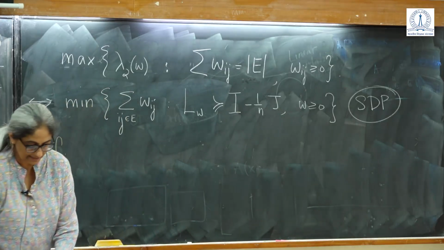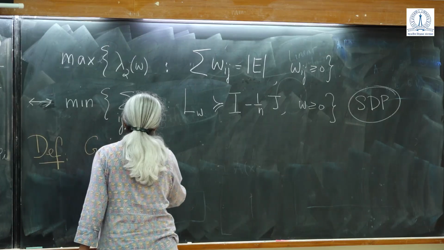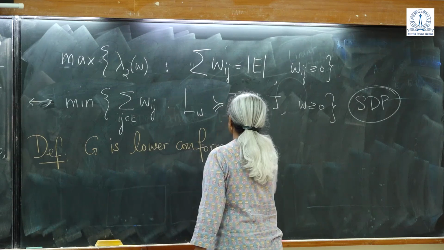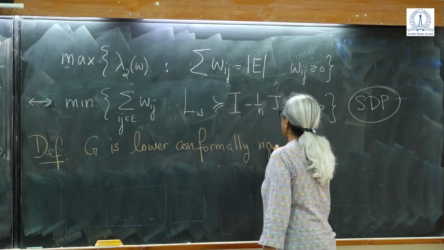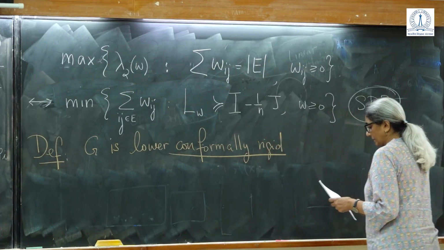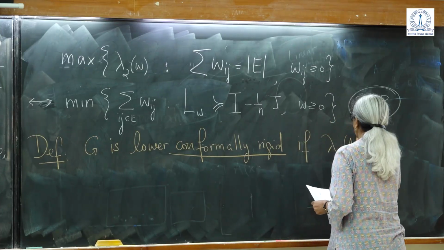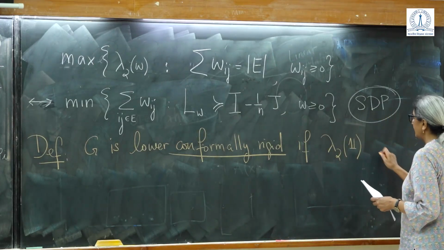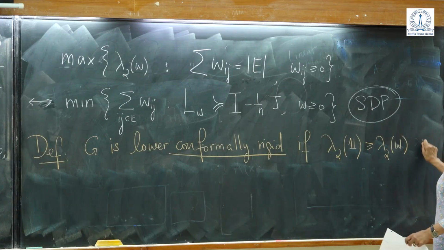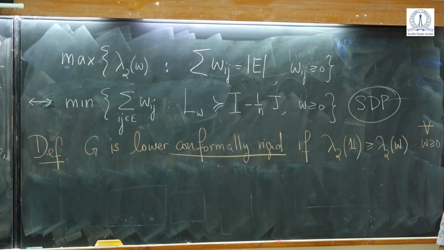And I'm going to make a definition. I'm going to say that the graph G is lower conformally rigid. And this word comes from geometry. If you're interested, I can tell you later. It's lower conformally rigid if lambda 2 of the all ones weight is bigger or equal to lambda 2 of any weight W that satisfies the condition that W is greater or equal to 0. Okay?